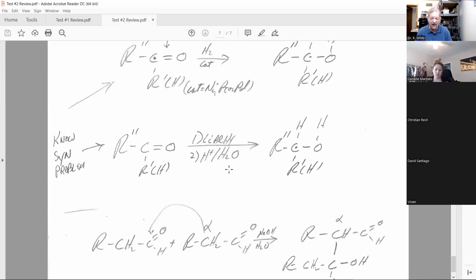If you take an aldehyde or ketone and react it with lithium aluminum hydride and then acid and water, you do the same thing, but the mechanism is a little different, with the same outcome. You break the pi bond, and each atom of that double bond gets a hydrogen. You make an alcohol, same as hydrogenation of a ketone or aldehyde, except this won't react with carbon-carbon double bonds, which makes it extremely useful.